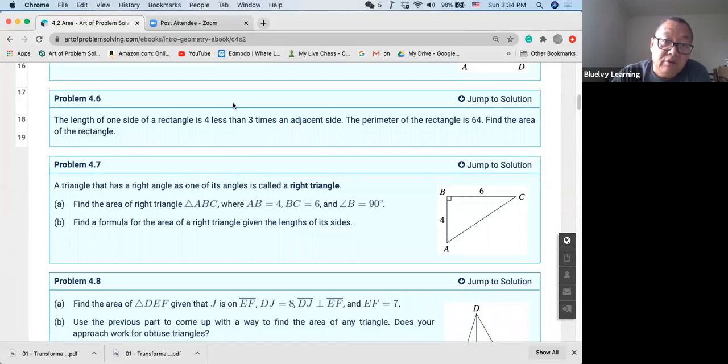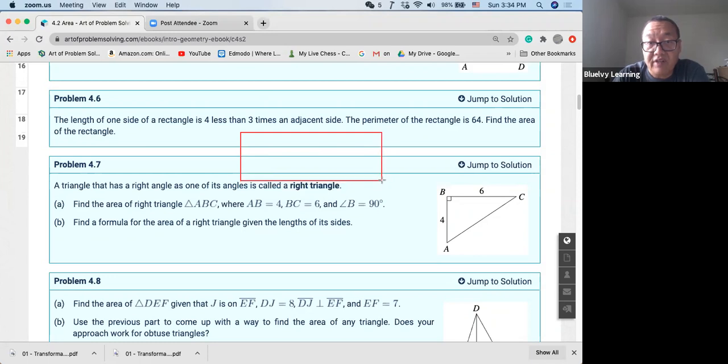Say, first draw a diagram. This one they talk about, it's a rectangle, right? Now let's draw a rectangle like this. Then say one side of the rectangle is 4 less than 3 times the adjacent side.